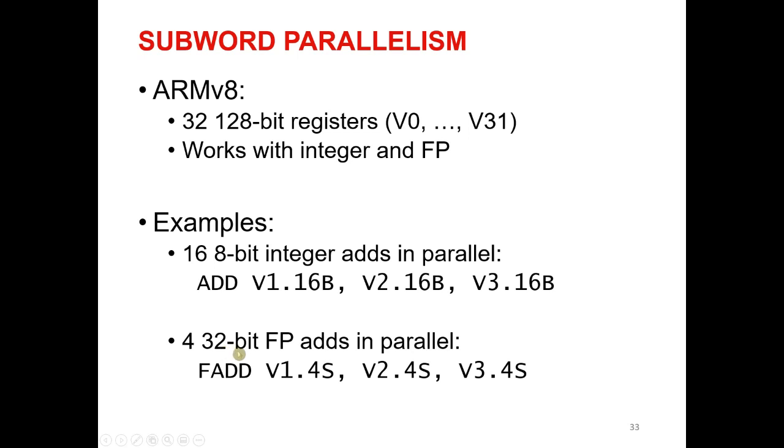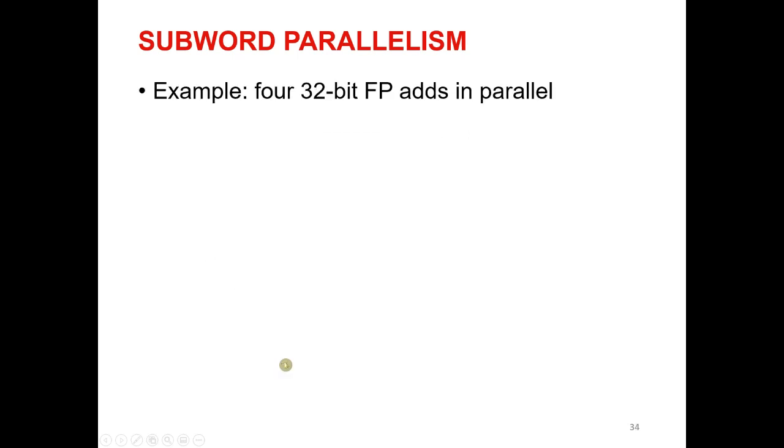The same happens with floating point. In this case, I use the floating point addition, and instead of the B, I add S because I'm using single precision. And this will do the same, but with 4 32-bit adds. I'm going to show you this graphically.